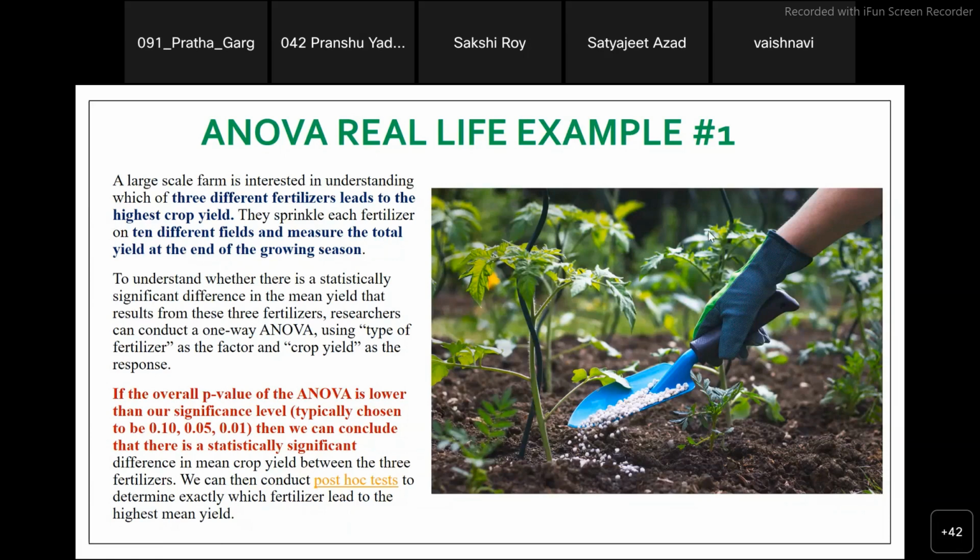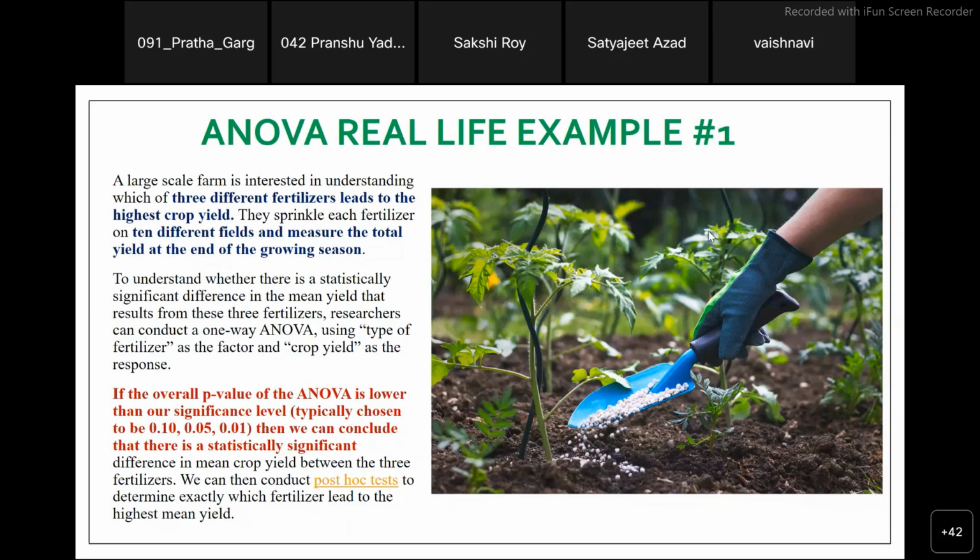There are two factors, fertilizers and the fields. The crop yield is not a factor. Ten different fields. They sprinkled each fertilizer on 10 different fields and measured the total yield. Yes, two-way ANOVA. You are right.